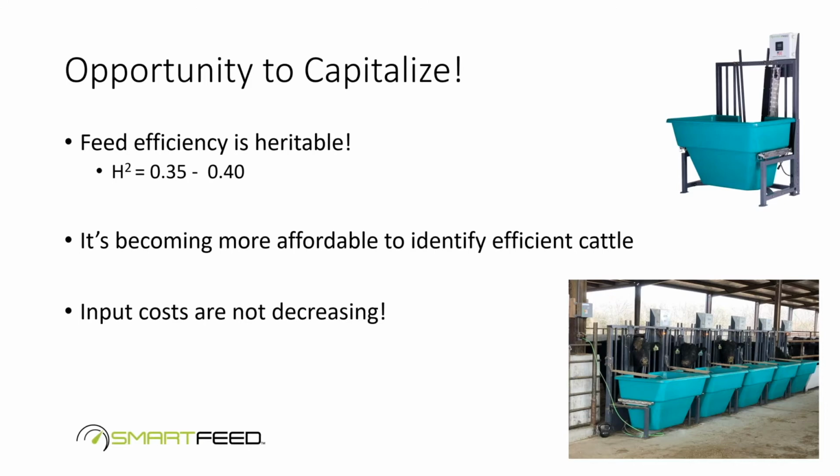Finally, this is again kind of a broken record, but without a doubt input costs are rising. Unfortunately, we were part of this webinar about 30 days ago and walked through an example which talked about magnification of the effect of efficiency with different costs of feed inputs. At that time, we were talking about $5 or $5.50 a bushel corn.